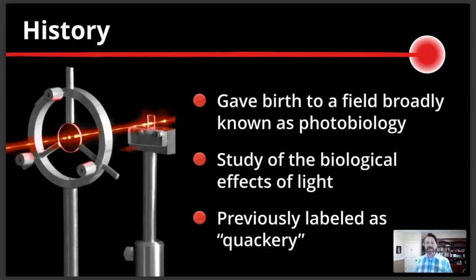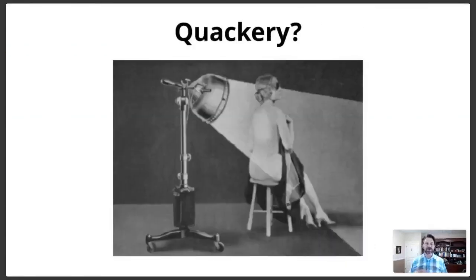And the idea is that you were supposed to sit in front of this box and be stimulated by whatever color of light you chose with the slide. Kind of similar to what you might see in this picture. And this was labeled and mocked as quackery in this exhibit that I saw 20 years ago in a museum.